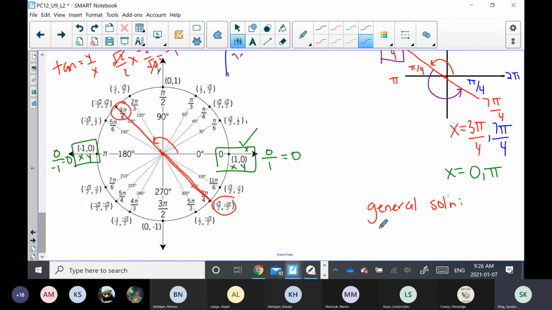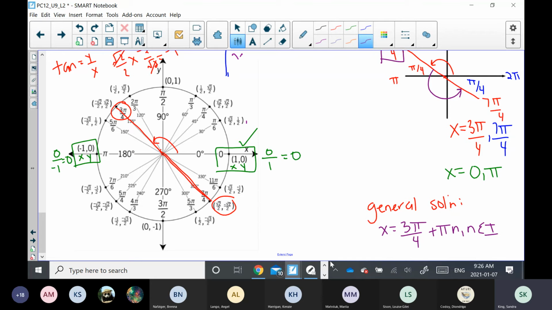So one of my general solutions is x is equal to pi over 4 plus multiples of pi.